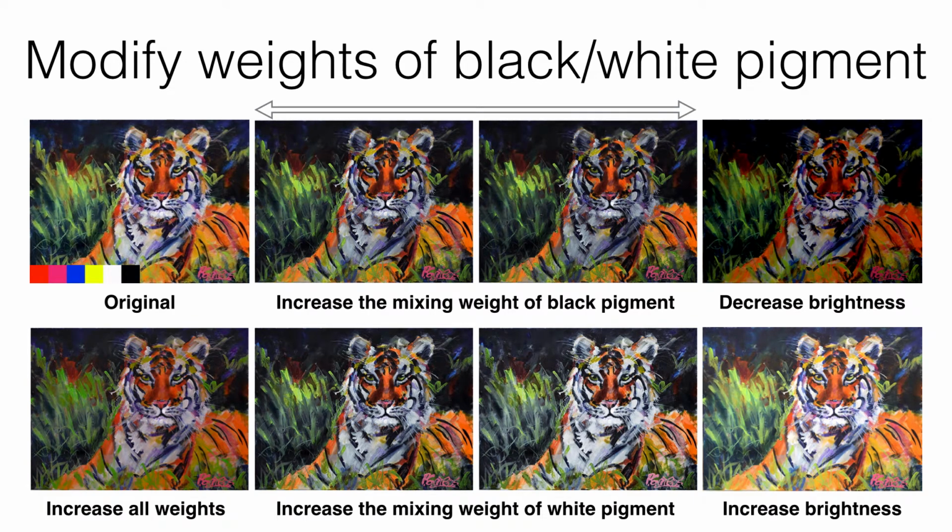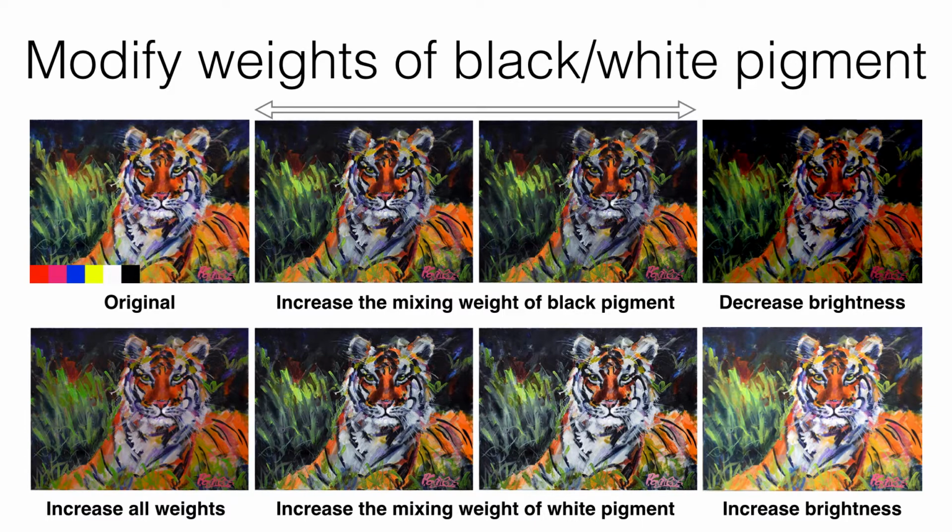Adjusting the relative weights of black and white pigment is akin to adjusting the brightness and contrast of an image. The result of increasing the black pigment weight is more like emphasizing shadows and details from the image, instead of just darkening the image globally, while the result of increasing the white pigment mixing weights is desaturation of the image colors.